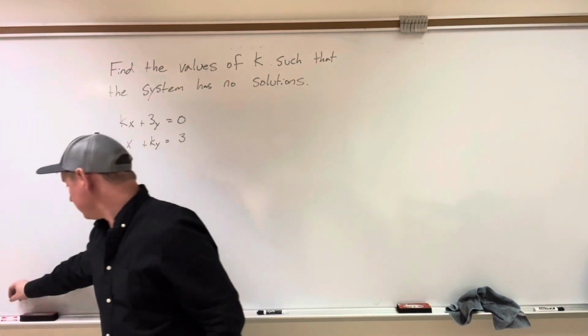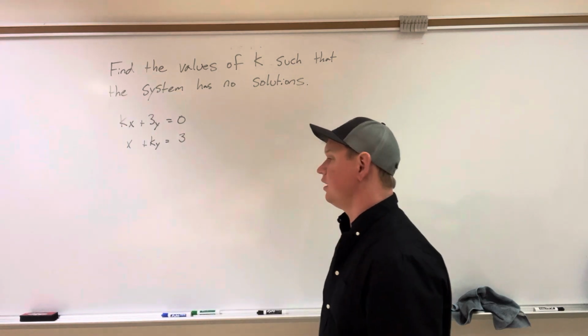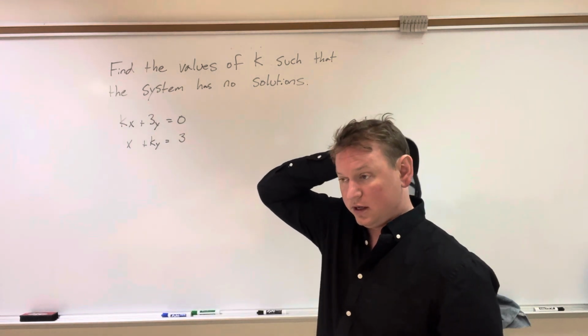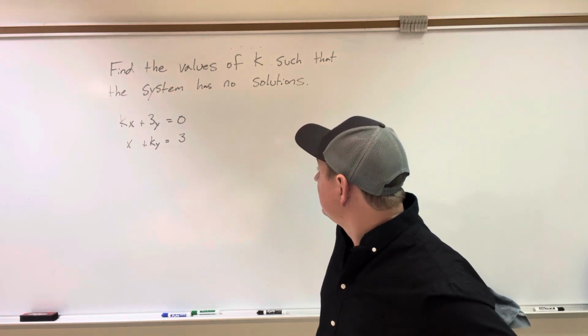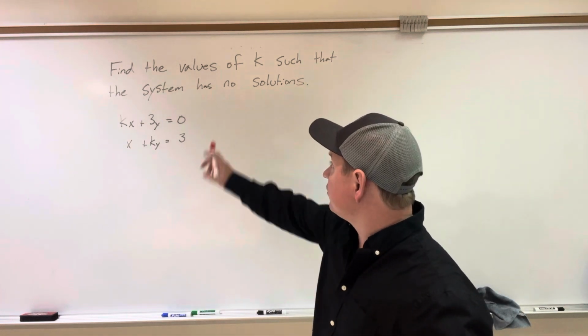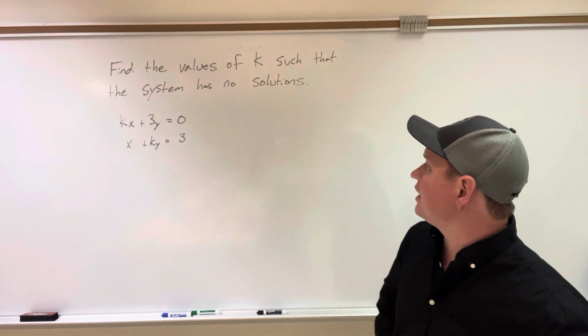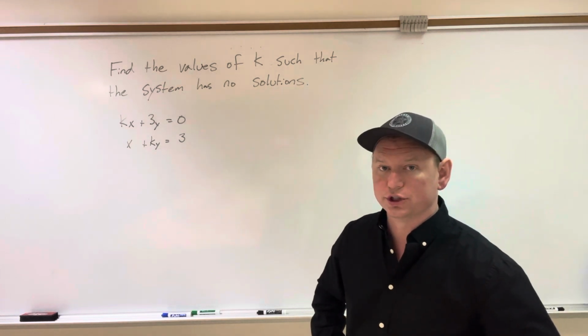All right, awesome. So this is a question from the linear algebra test 1 exam. And the question is, find the values of k such that the system has no solution.